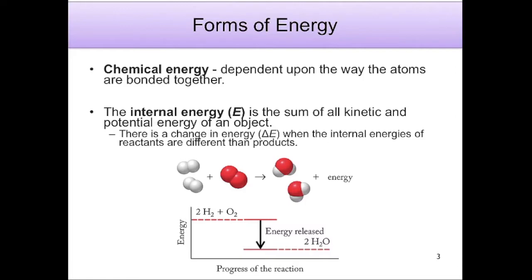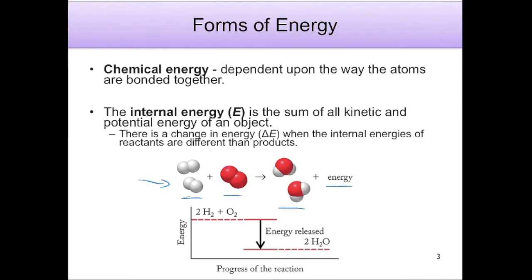Now, the internal energy is the sum of all kinetic and potential energy of an object. So if we have a reaction like this one here, there's going to be a change in the internal energy when the internal energies of the reactants are different than the internal energies of the products. So in this case, we have two hydrogen molecules, one oxygen molecule, and they react to produce two water molecules plus some energy.